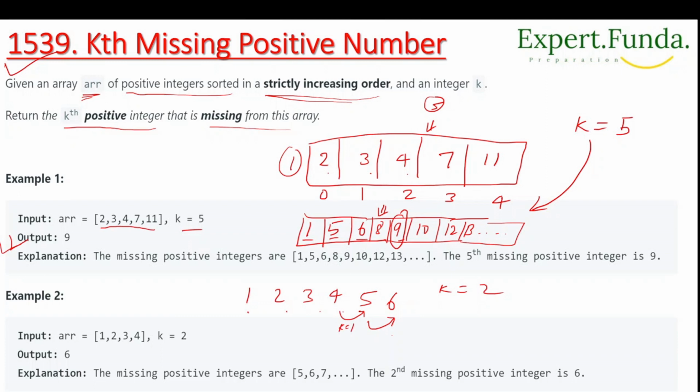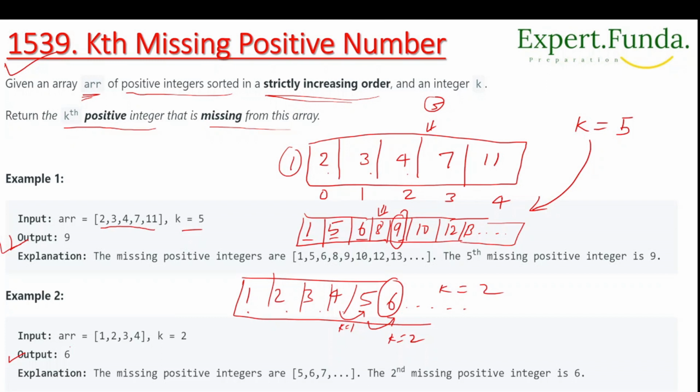And it will go like this, 7 8 9 10. So the number we have to return is 6, the missing number. The second missing positive integer is 6.